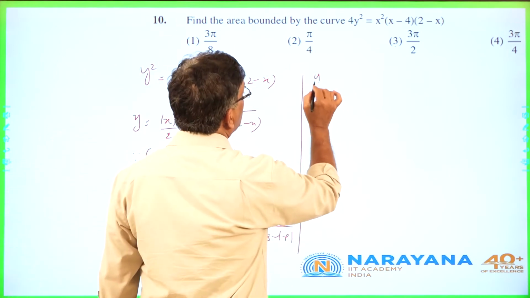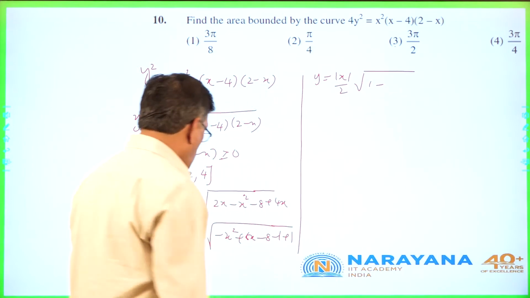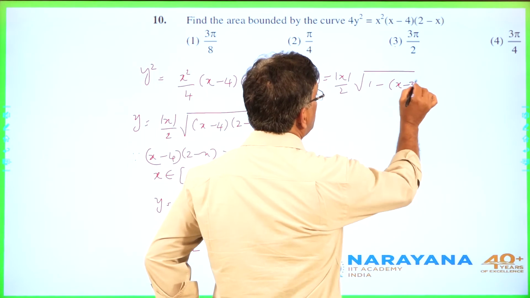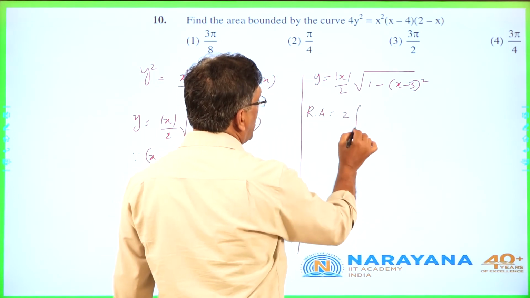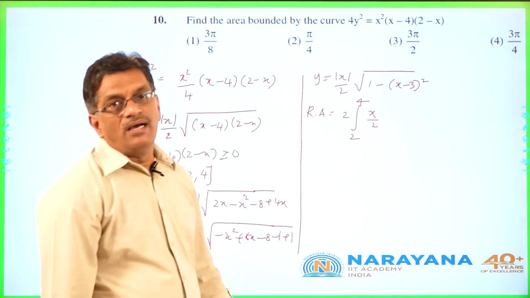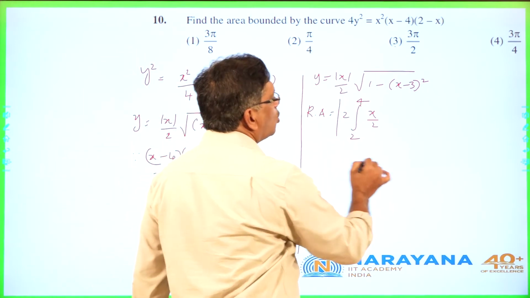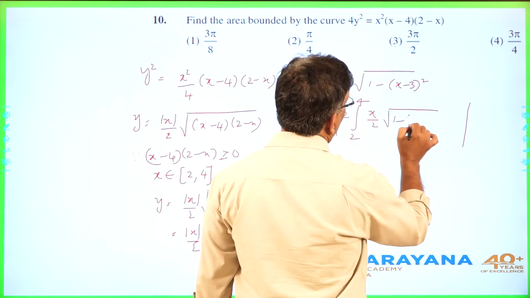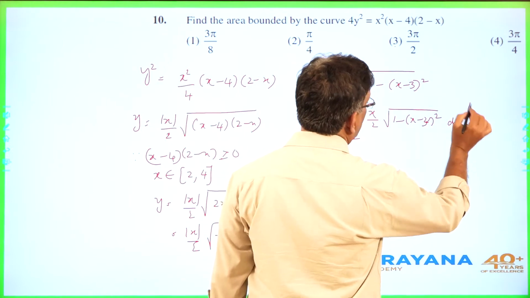So, that is y equal to mod x by 2 into root of 1 minus (x minus 3) whole square. So required area, as it is symmetric, you can integrate, right? As it is area, directly I am taking the mod, no need of getting any confusion, into root of 1 minus (x minus 3) whole square dx.